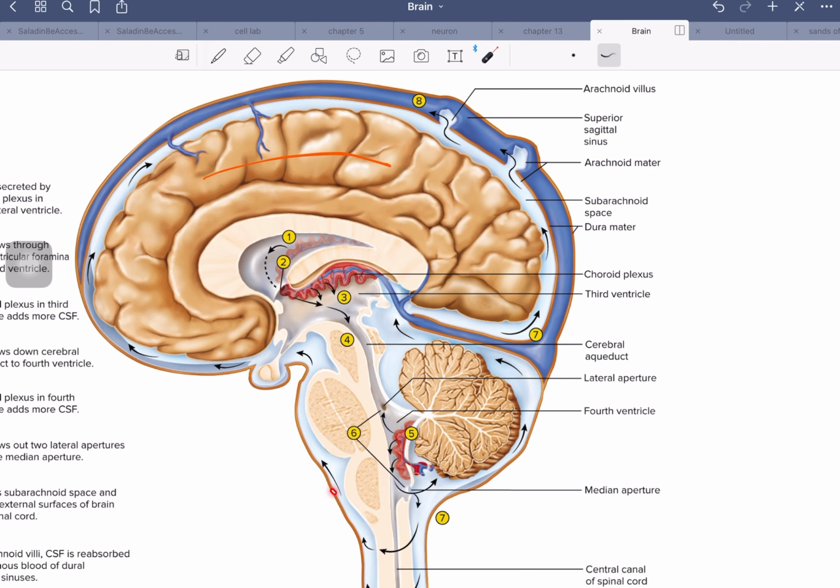And you can also see that the CSF will flow right over the whole surface of the brain, even kind of come up over the outside in this direction. And the end result is that I'm making CSF throughout the ventricles. It's flowing in a given direction based on pressure and the action of the ependymal cells and their cilia, and the fluid gets returned eventually to that mid-sagittal sinus.